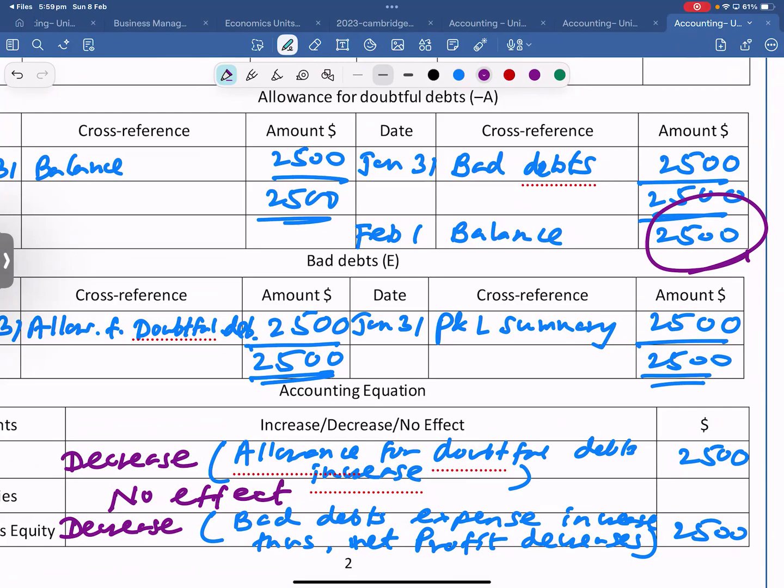Don't worry about the debit and credit for the next one. Those will get conflicts. It's just like a forecast. Where is the debit now?